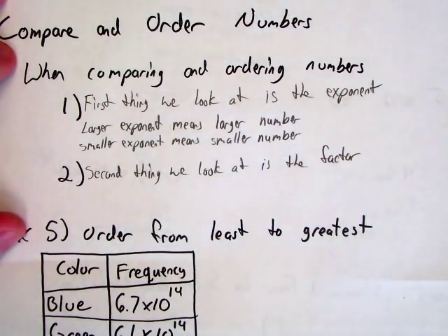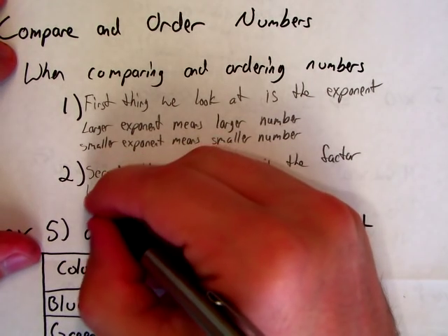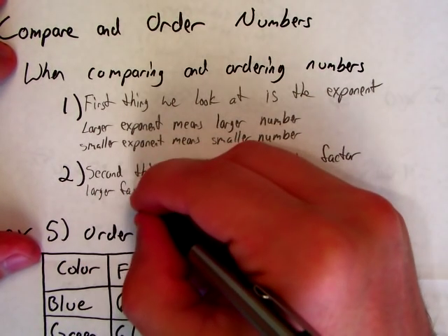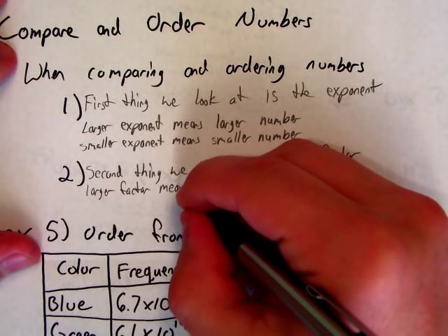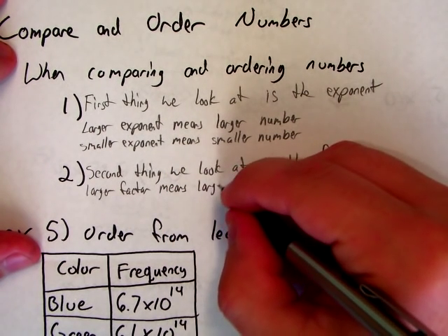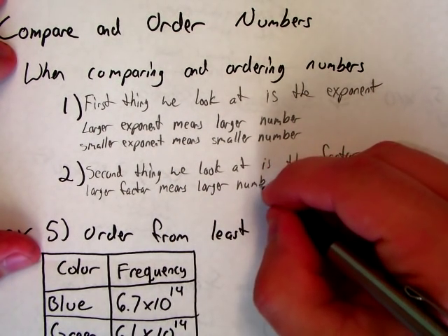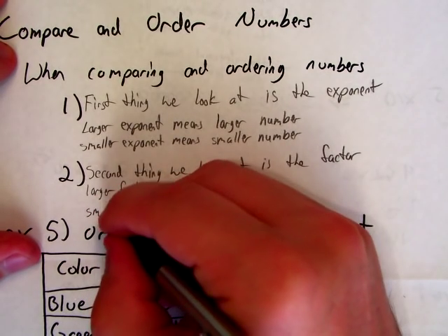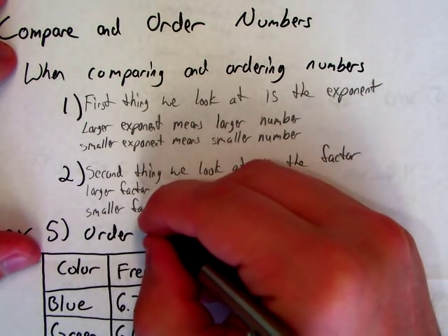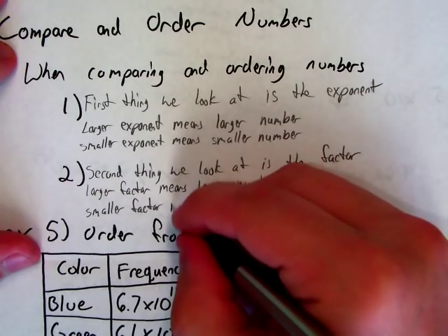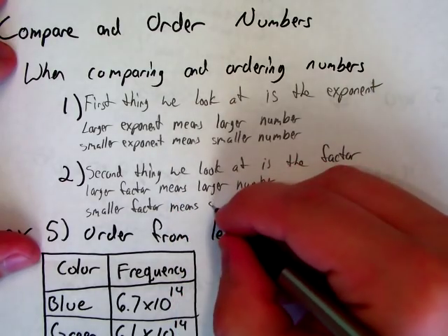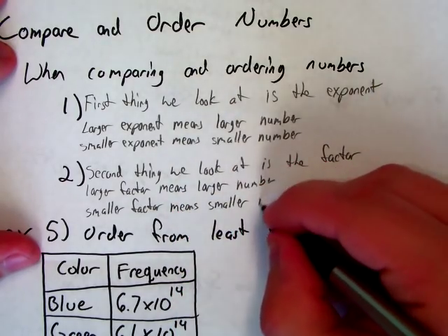Smaller factor means smaller number. So larger factor means larger number. Smaller factor means smaller number.